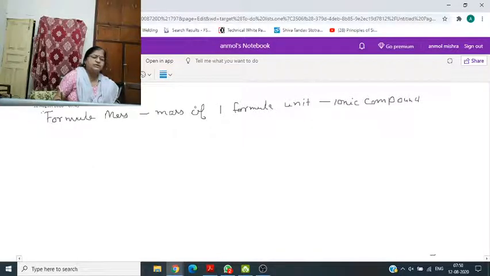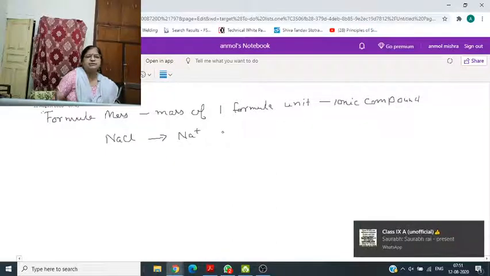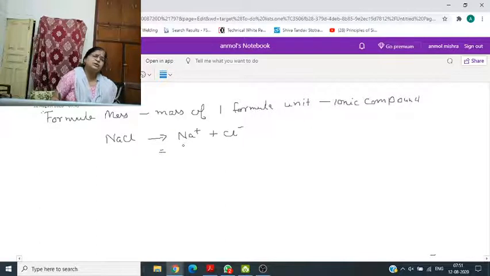For example, NaCl. Now NaCl is made up of Na plus and Cl minus. The atomic mass of sodium is 23 and the atomic mass of Cl is 35.5.